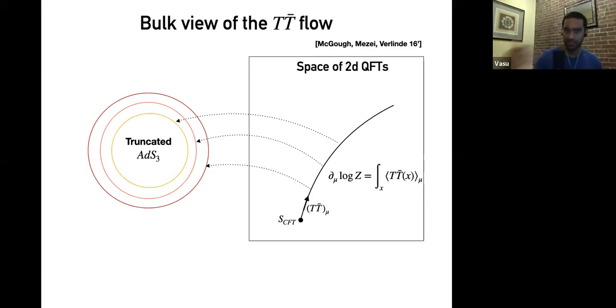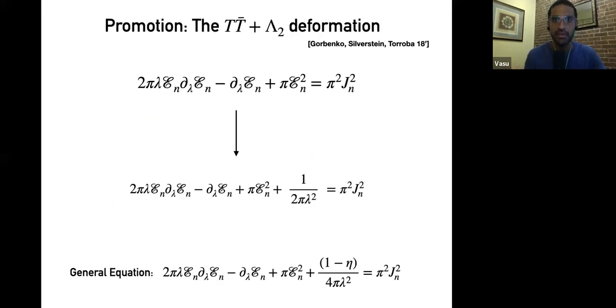So in the bulk, how we view this TTbar flow, pure TTbar flow, is in this truncated ADS space. And so as I increase the deformation parameter, I'm actually moving in to ADS3. And now what we want to do is get to the De Sitter space. And this is what Onkar was alluding to.